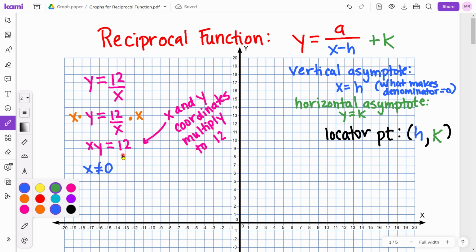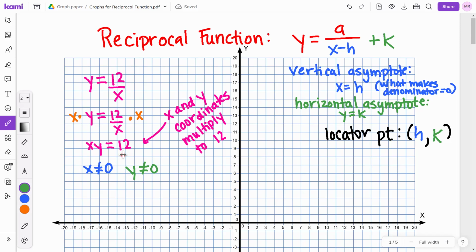Well, that's the same thing with my y. My y can also not be 0 because it would also be multiplying to try to get me a 12. So that's where our asymptotes are, our horizontal and our vertical asymptotes.